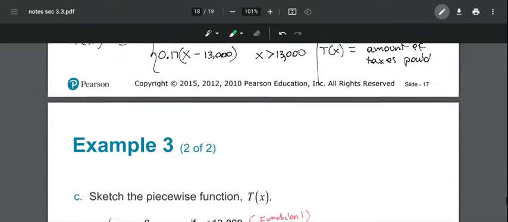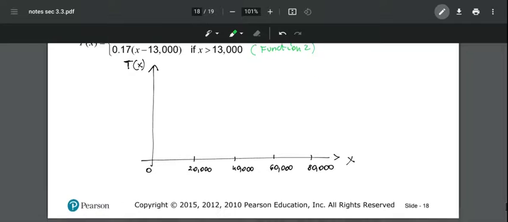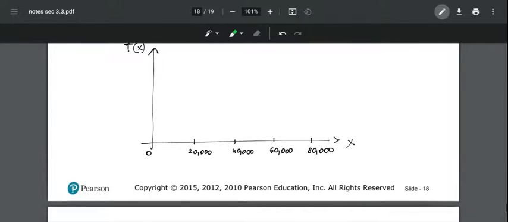T of x, the amount of taxes paid. So when we talk about the amount of taxes paid, let's just go by 2,000. So that will be 2,000. The scale will go by 4,000, 6,000, and so on.